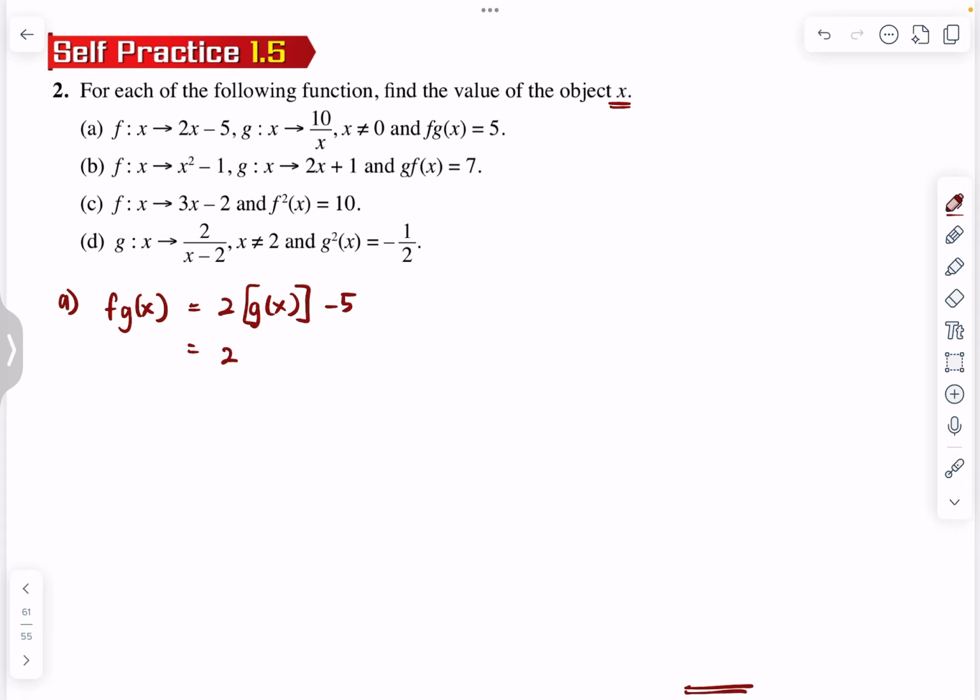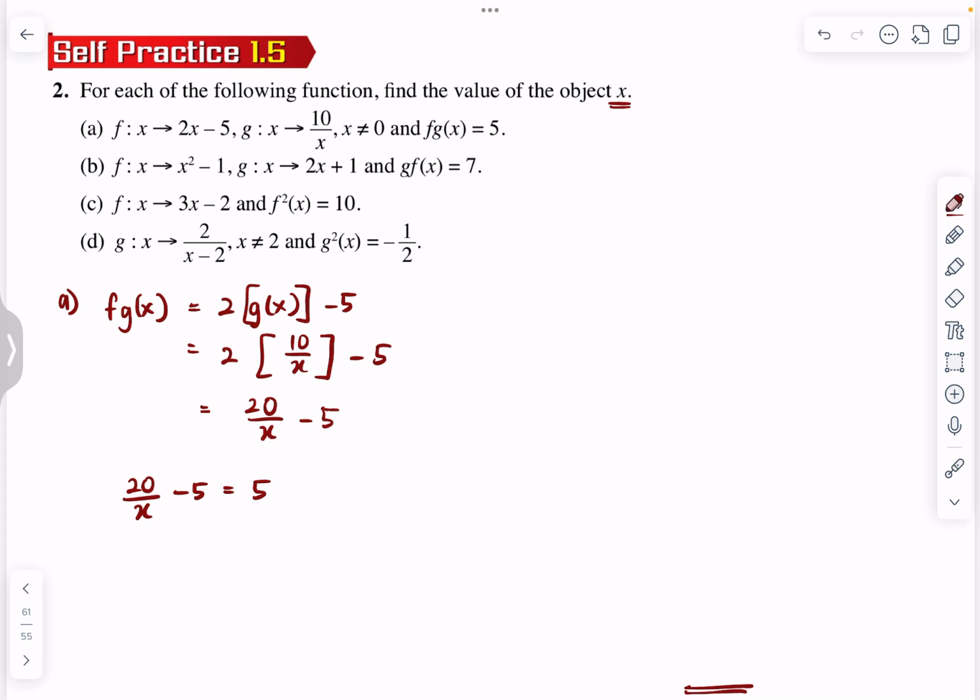So we'll get 2 times 10 over x minus 5, which gives us 20 over x minus 5. So this is our version of f(g(x)), and they said f(g(x)) is 5. So now we can compare both the versions. So 20 over x minus 5 must equal 5. Okay, because they said f(g(x)) is 5.